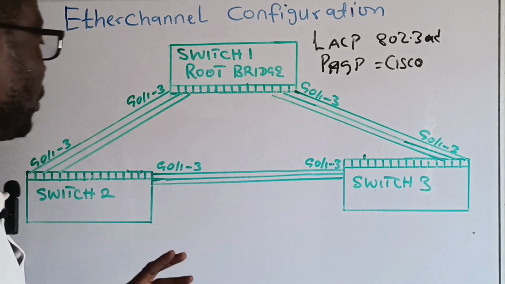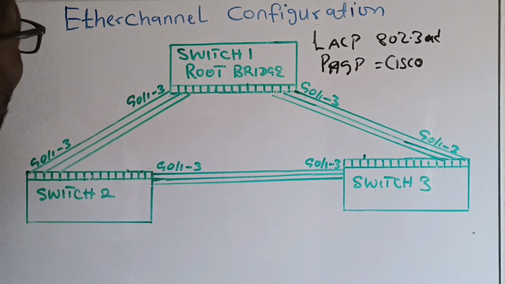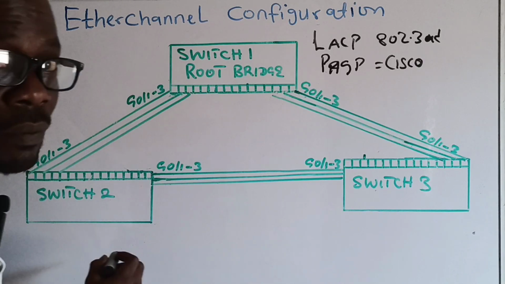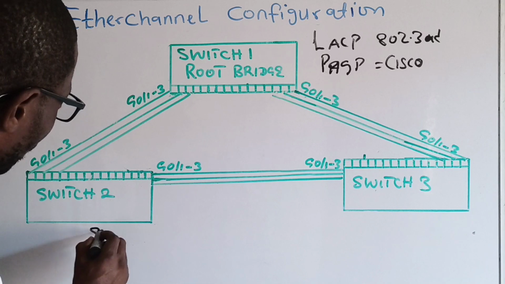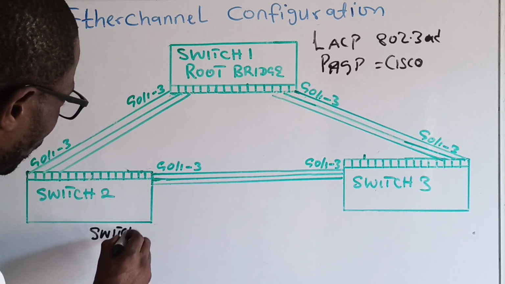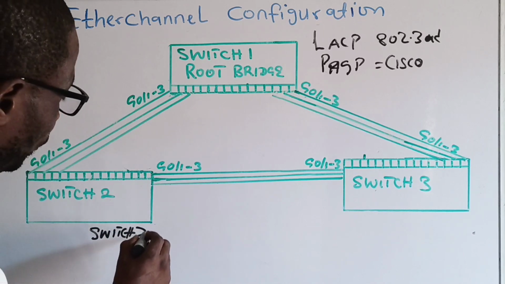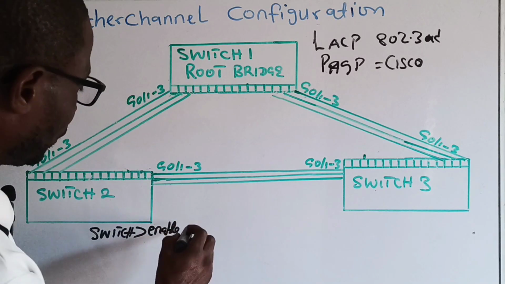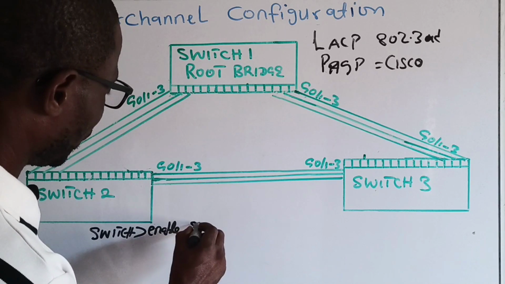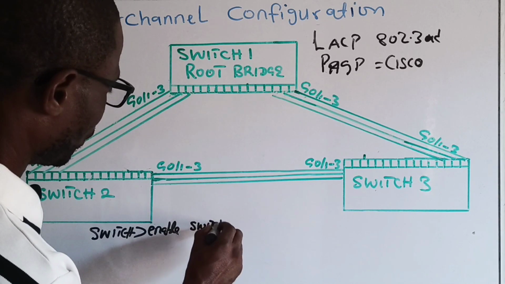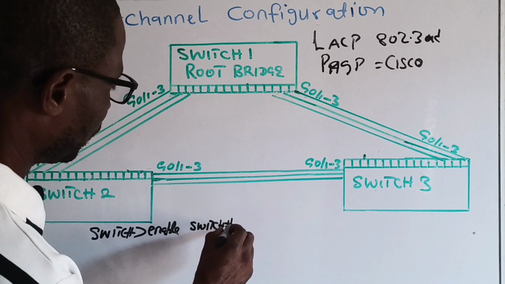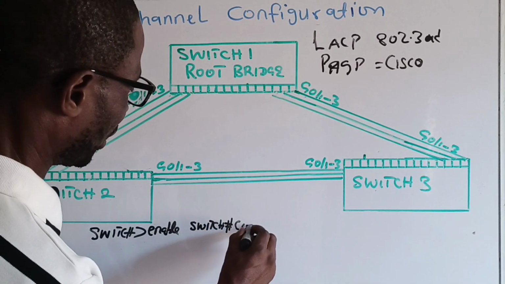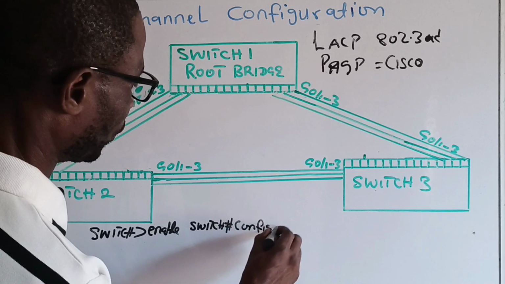So now I'll start from here without wasting time. You can see my gigabit interfaces. I'll start from this switch. From user mode, enable, you hit enter to come to privilege mode, where you put configure terminal, or config t for short.